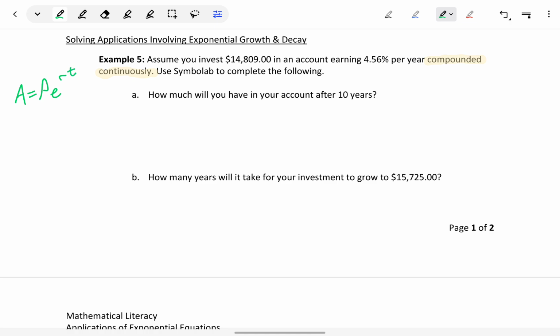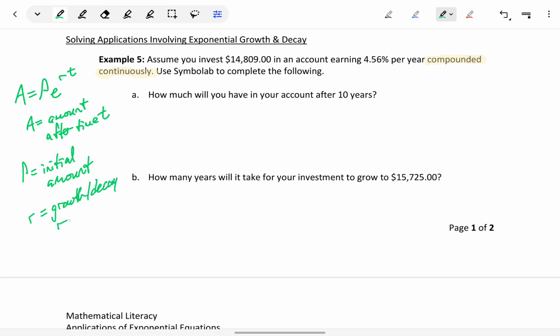Sometimes people read that as PERT, where A is equal to the amount after time t, P is equal to the initial amount invested, R is the growth or decay rate, which in the case of an investment would be the interest rate, and T is equal to time.